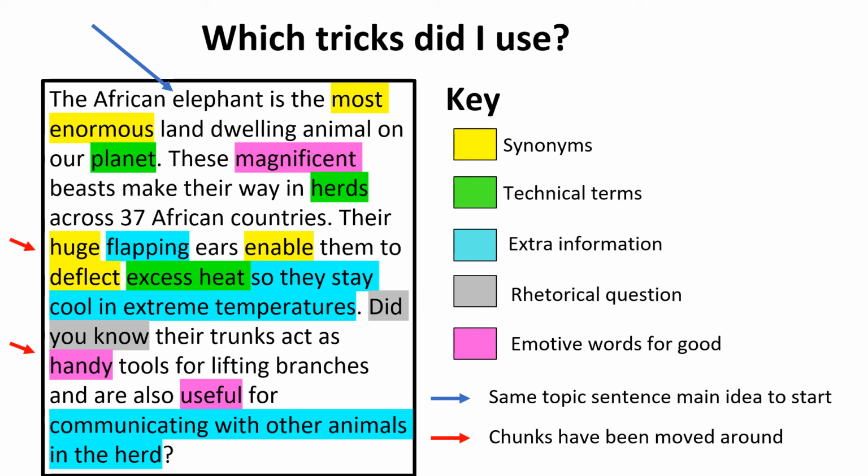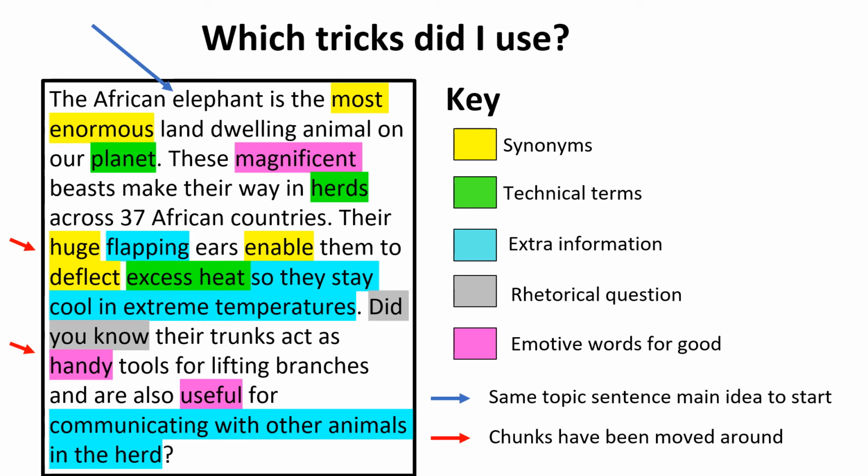So if you put in synonyms, you use some emotive language, you move chunks around, we brought the trunks down to the bottom of this paragraph, and we put the flapping ears into the middle section, so we move the chunks around.